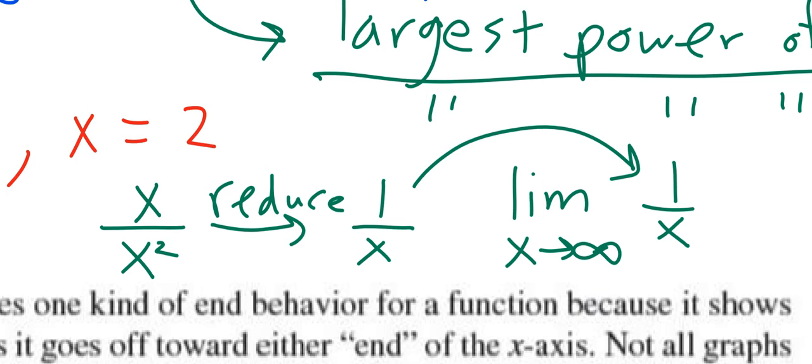Is 1 over a billion getting smaller or bigger? Smaller. Is 1 over a trillion getting smaller or bigger? So we're getting closer and closer and closer to what? 0.